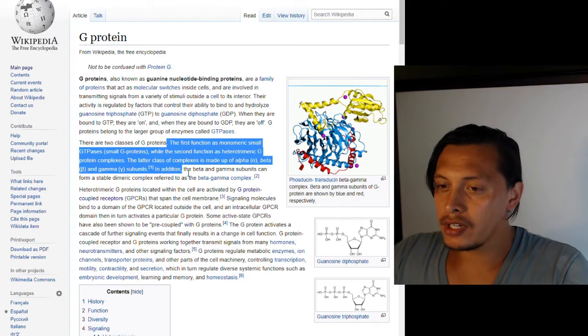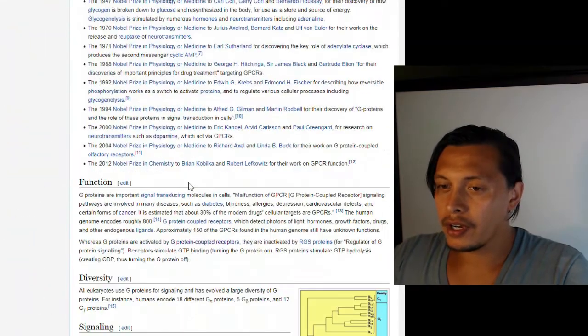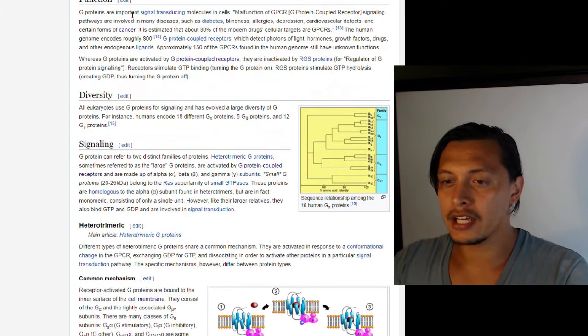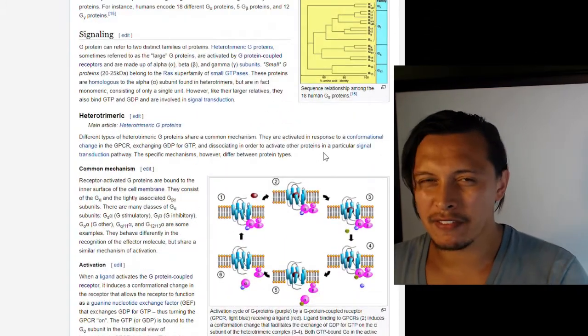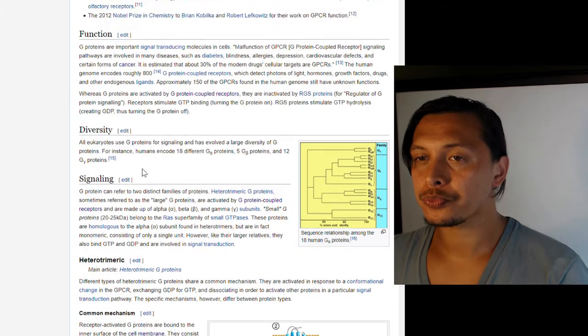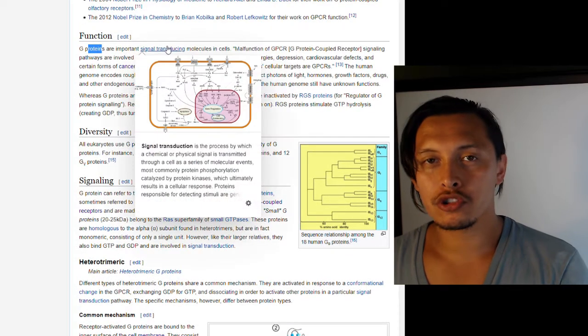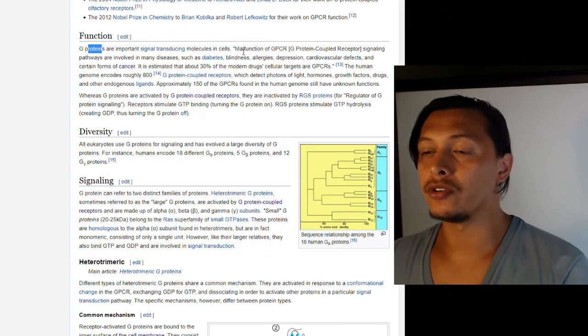So let's go down to this function, and I think we'll go down to the signaling so that we have a little bit of an idea what's going on. The G proteins are important signal transducing molecules in cells.